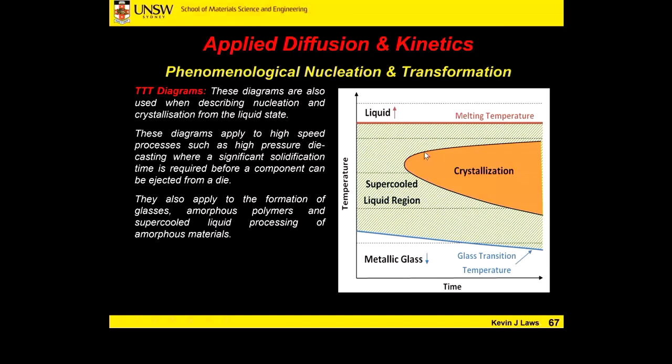So eventually, as we keep progressing along this time axis, this curved line would come very, very close to our melting temperature, until we hit infinite conditions or equilibrium conditions, where at the melting point crystallization will occur. But if we're moving faster than that, nucleation is our rate limiting step. So we have this gap where we're in a supercooled liquid state, or undercooled liquid, before crystallization occurs.